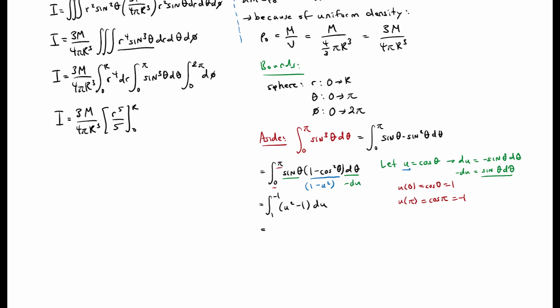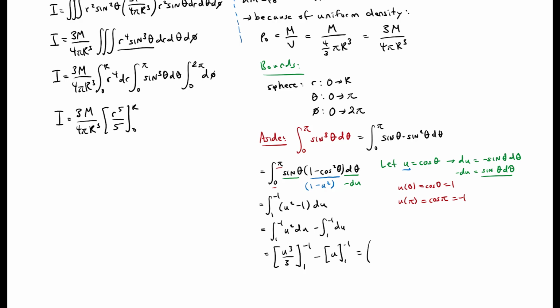We can distribute these, so we have the integral from 1 to -1 of u squared du minus the integral from 1 to -1 of du. That gives me u cubed over 3 from 1 to -1 minus u from 1 to -1.